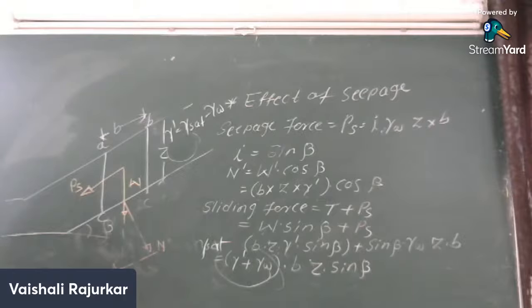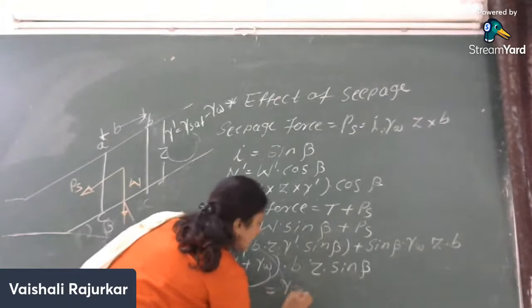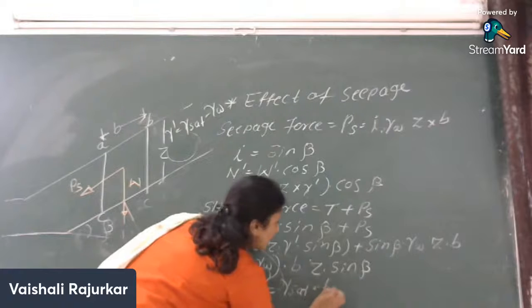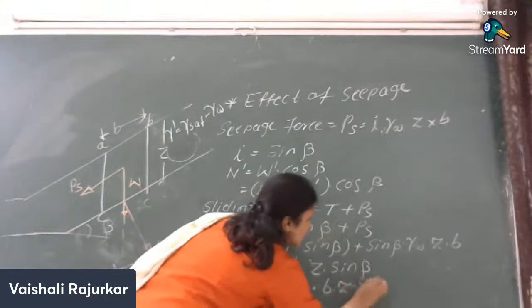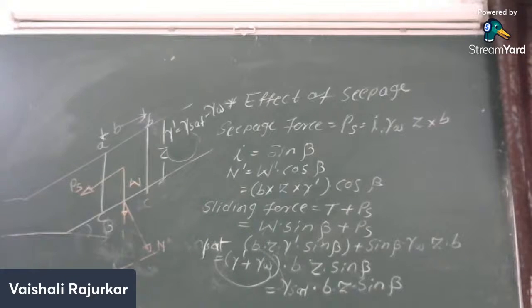Therefore, it will be gamma saturated into B into Z into sin of beta.